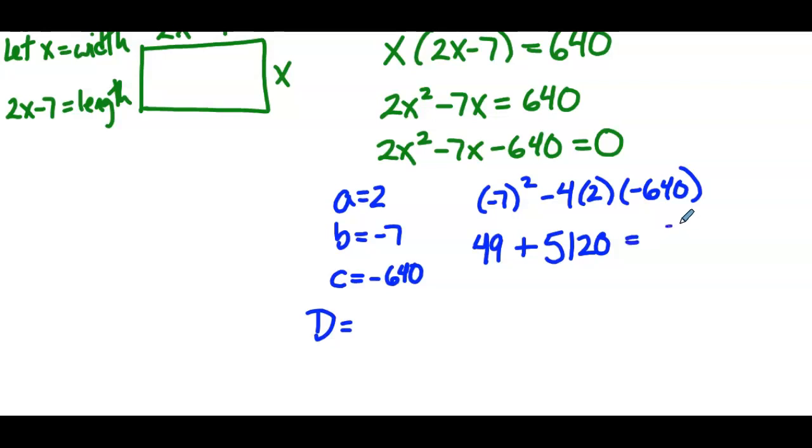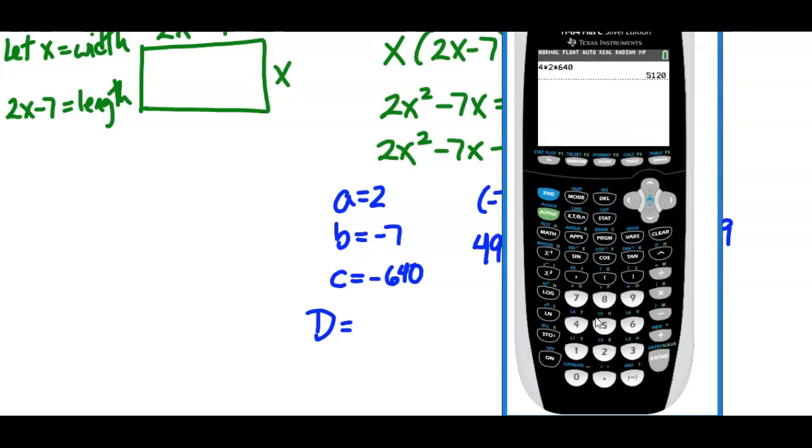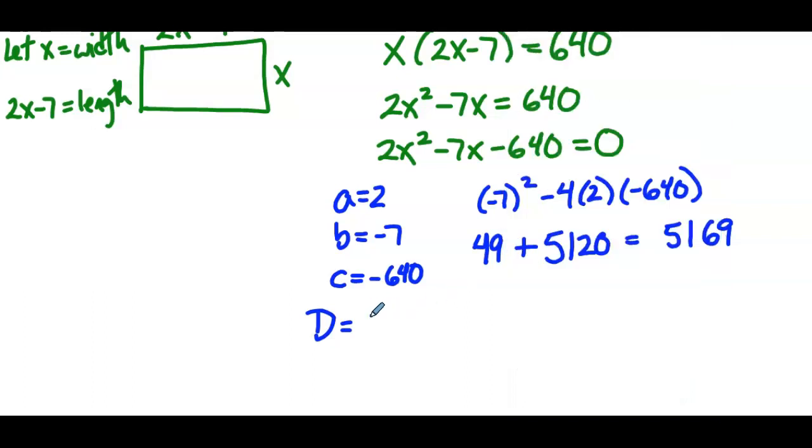So that's going to be 5,169. Which, just doing a quick check, taking the square root of 5,169, hitting enter, it's not a perfect square, which should not be a surprise.